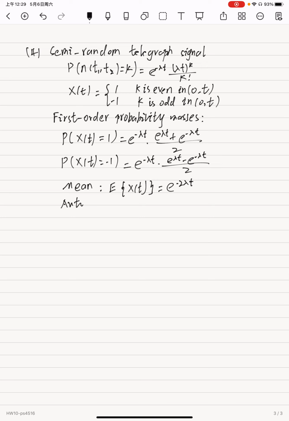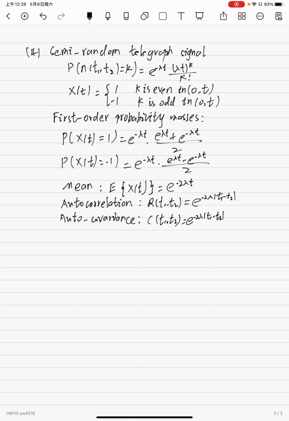And the autocorrelation is R(t1, t2) equals e to the negative 2 lambda multiplied by |t1 minus t2|, and the autocovariance is C(t1, t2), which equals e to the negative 2 lambda |t1 minus t2| minus e to the negative 2 lambda (t1 plus t2).